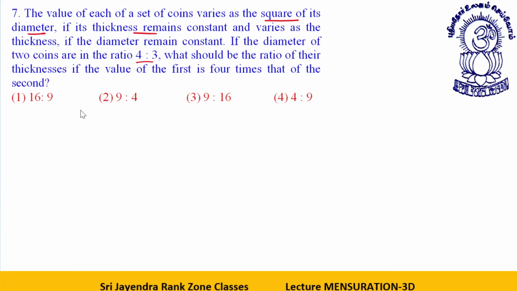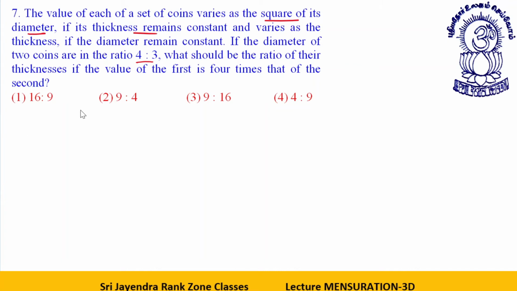Now, this is like this. Therefore, V1 by V2. If you take two ratios now, then this constant sign is removed. T1 D1 square by T2 D2 square. Now, volume of the first coin is 4 times the volume of the second coin. That is, this ratio is what? This is equal to 4. T1 by T2. What is D1 by D2? 4 is to 3, 4 is to 3 square.